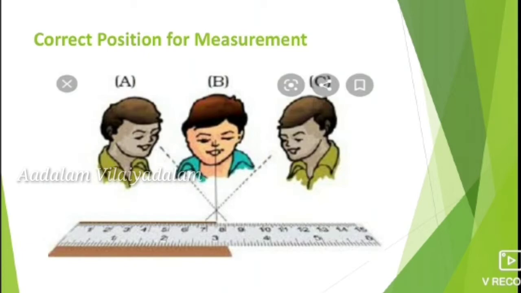From the diagram, at the positions of A and C the readings will have errors, and only the position of B is correct. While taking measurements using the scale, your eye is placed in position B, vertically opposite to the scale.